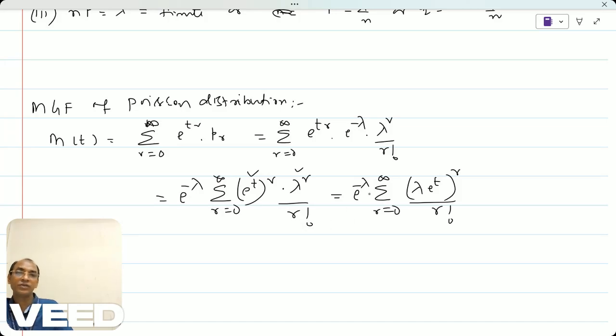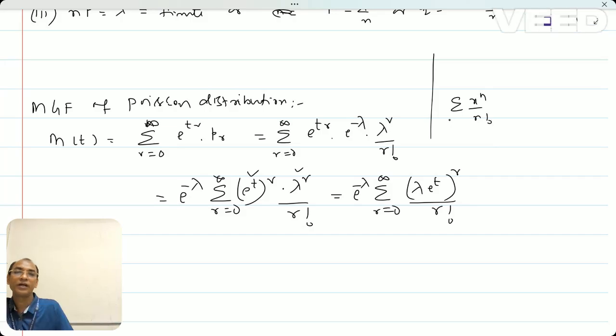Now here I want to say one thing. You know the formula of summation x to the power n divided by n factorial, n from 0 to infinity. This is nothing but 1 plus x by 1 factorial plus x square by 2 factorial and so on, and this is equivalent to e to the power x.